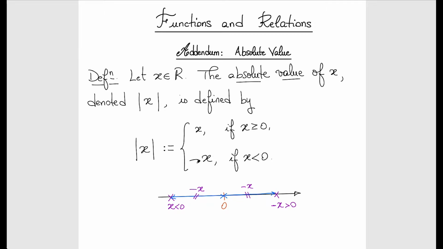And clearly these two conditions are complementary, in the sense that they complement each other. So there is one and only one of the two conditions that's going to be verified, and hence one and only one of these two sub-functions that's going to be activated.